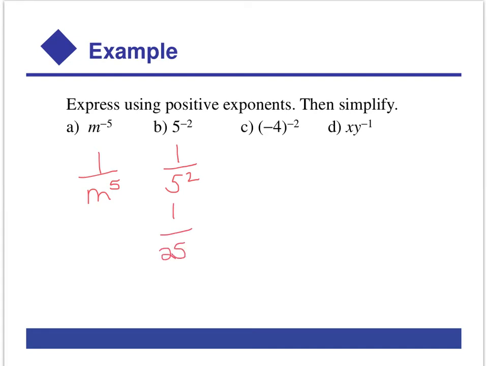And then C becomes 1 over negative 4 squared, and that becomes 1 over 16. And then this one, x stays the same because it doesn't have a negative exponent, but the y goes to the bottom, and you can leave it as y to the first, or simply just x over y.